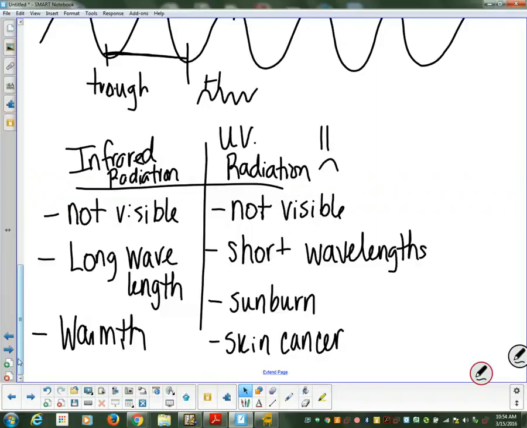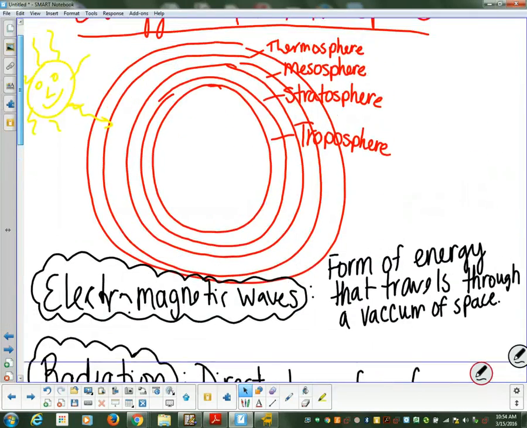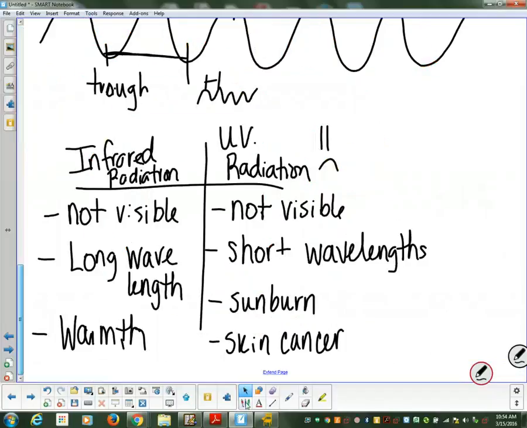So, luckily, we have an atmosphere that is designed to help not allow as many of the UV radiation waves pass through. What is that layer called? Anybody remember? Yep. The ozone? It is the ozone, so it's a part of the stratosphere. So when we drew this in the very beginning, we had some of the light striking this area, which is going to be our ozone layer.